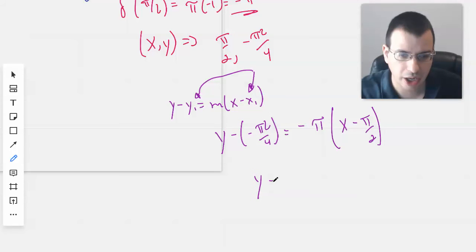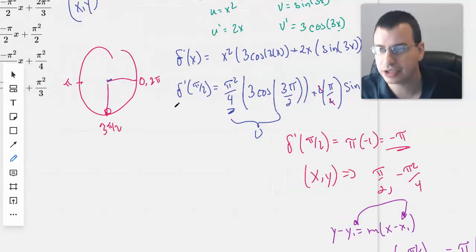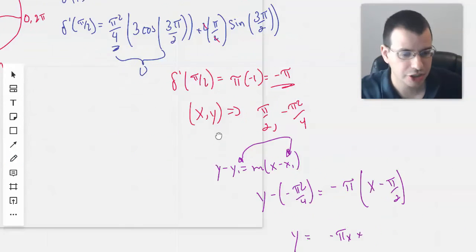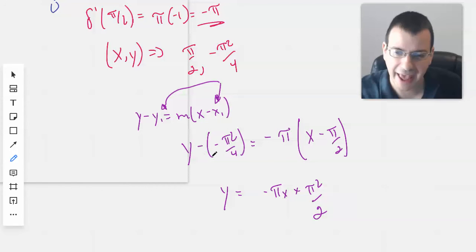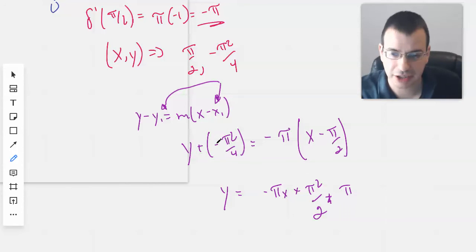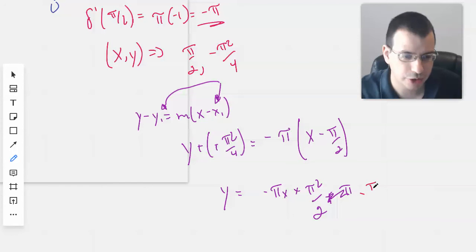So we have y equals negative pi x plus, let's see if they have parentheses on some of these. No parentheses. So we have plus pi squared over 2, because pi times that. But then we're going to subtract negative pi squared over 4.